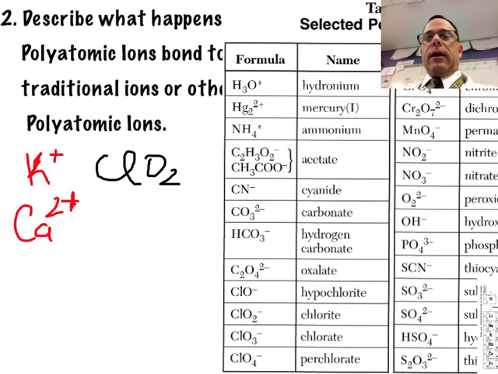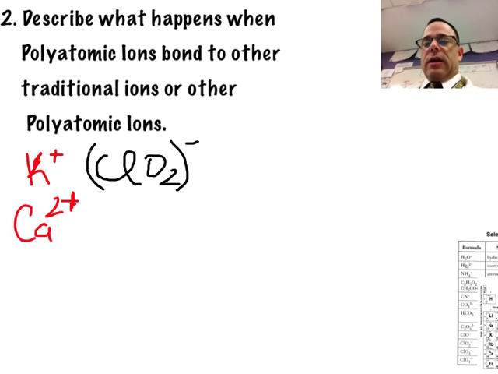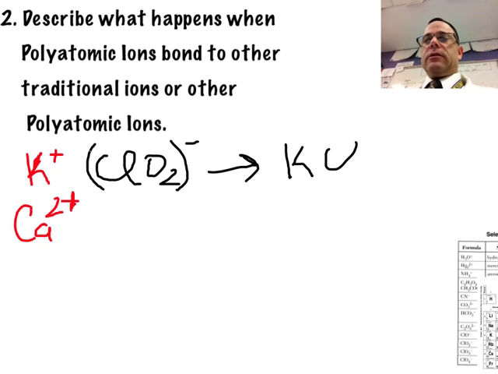What would be helpful here is to put brackets around this and the negative sign, so that we know that the negative sign belongs to both the chlorine and the oxygens. Now, what do we do? Well, let's realize that this looks very similar to an ionic bond, where we could use our crisscross method to write the final formula, which would be KClO2.